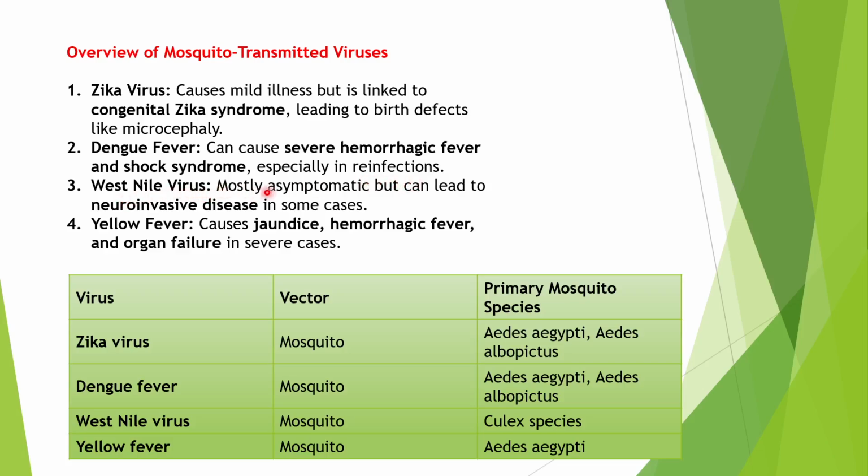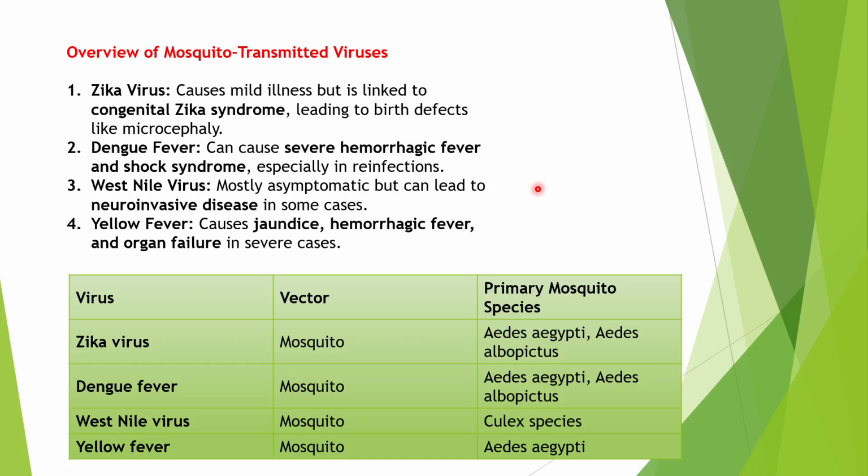And West Nile virus is asymptomatic mostly, and it can lead to neuroinvasive diseases in some cases. And then yellow fever causes jaundice, hemorrhage, and organ failure in many cases.